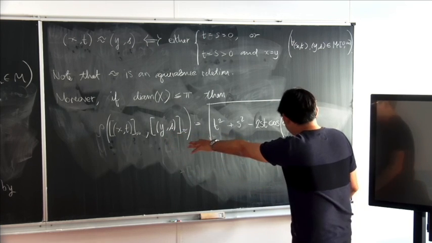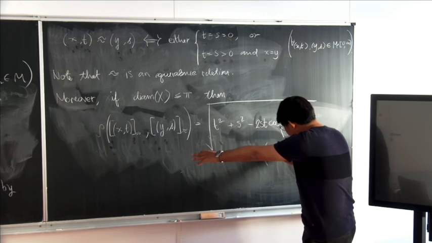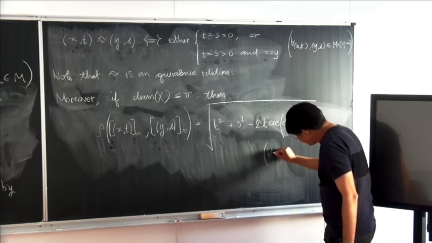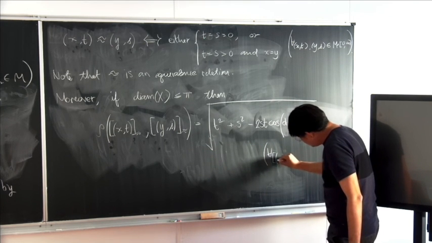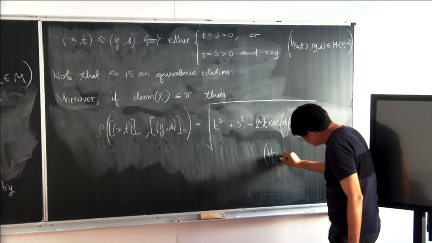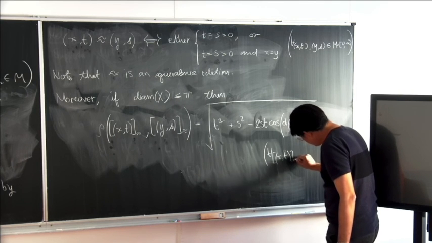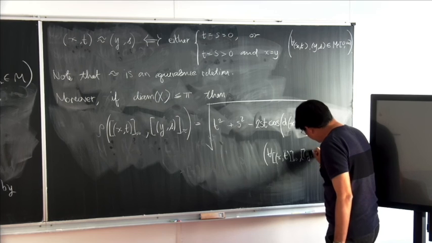Rho here is of course defined for every (x, t) and (y, s).